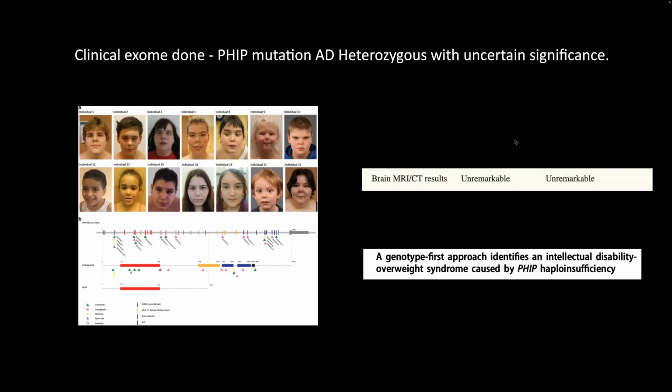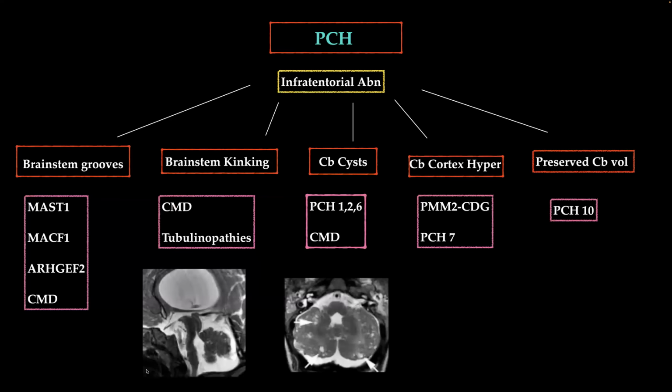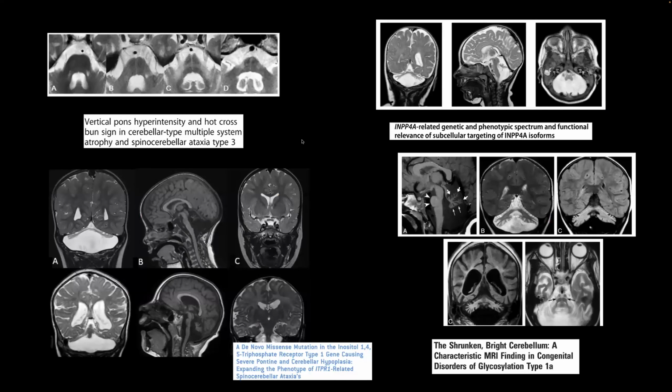And upon doing a literature search, the other genes also which could be PCH presenting, like the CDG1, the CASK, the DKC1, all of them were rechecked and reanalyzed. And also the family was called, and we again asked for ophthalmology evaluation for the child.